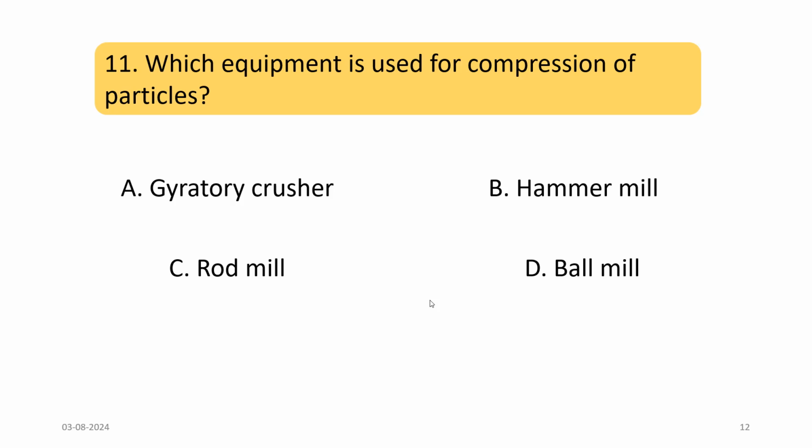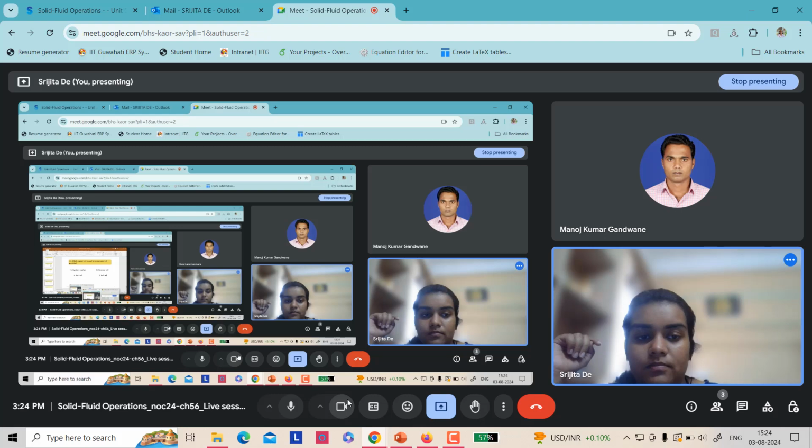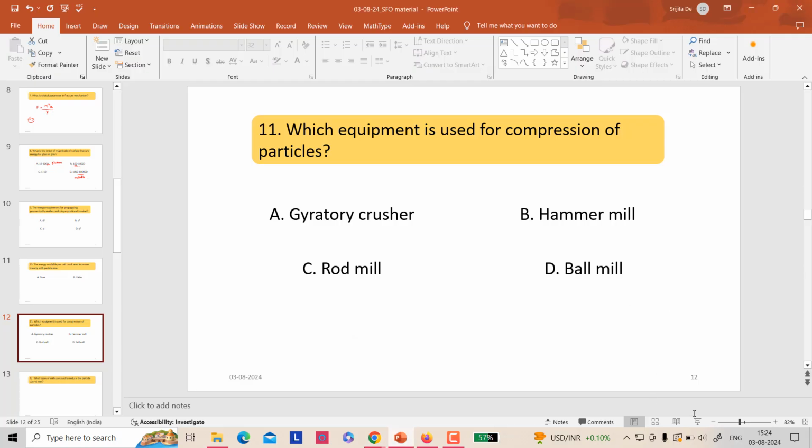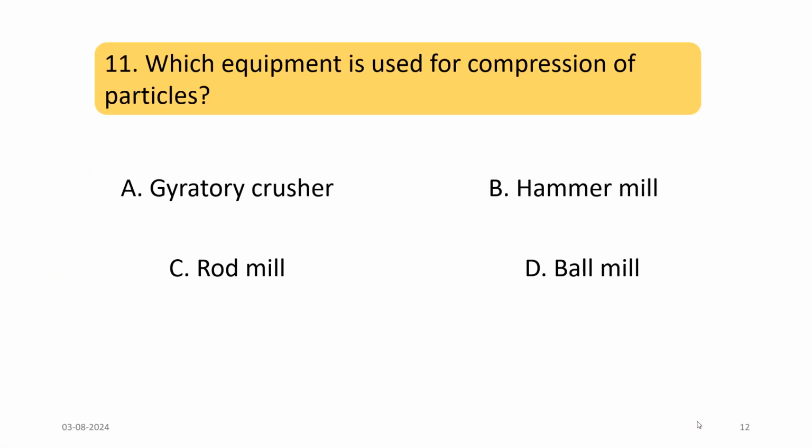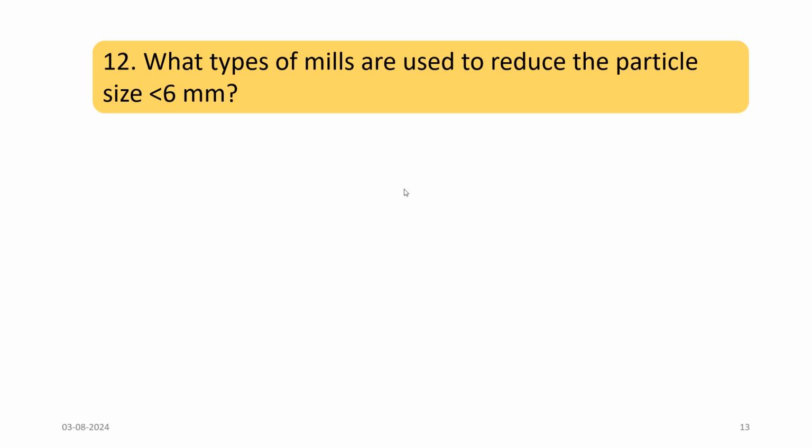So the answer is gyratory crusher here. So any kind of crushers are used for compression of particles.